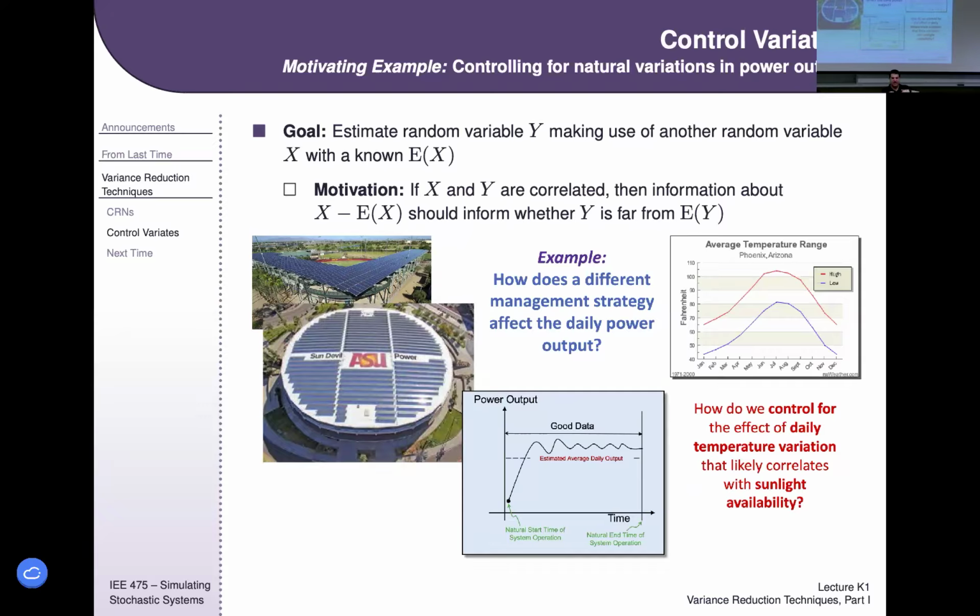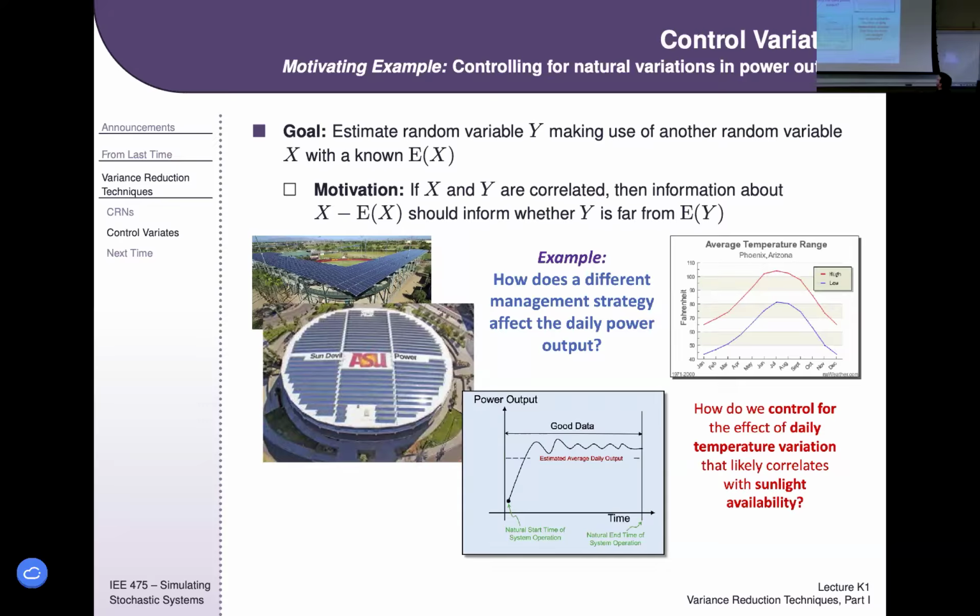The way you tune them depends on whether clouds are going over, and all sorts of other things, so it's a complex optimization problem. Imagine you wanted to test two different ways to operate the inverters underneath these solar panels, and you're going to use a simulation for that.